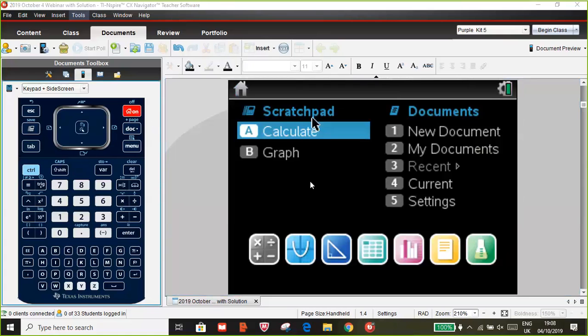This is the calculator. This is the graphing. This is the geometry. This is the lists and spreadsheets, and this is the data and statistics. For today, we'll be using these four buttons here: the first, second, fourth and fifth one.